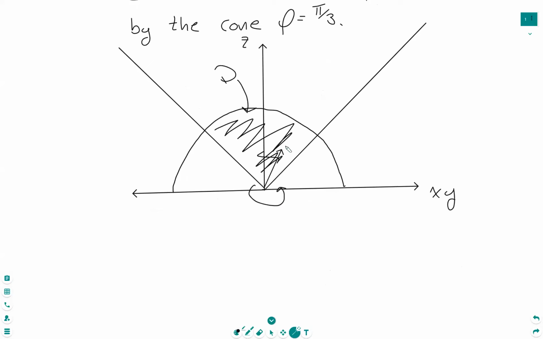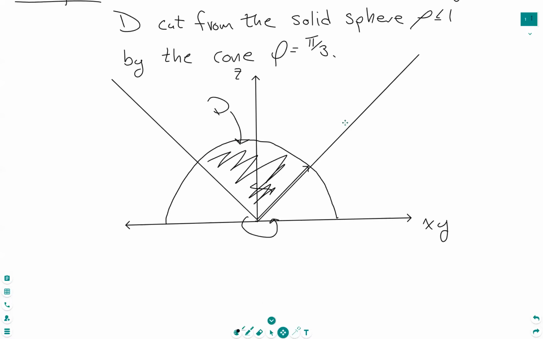So if I look in my rho direction, I go from the origin all the way out to the edge of the sphere, no matter where I am. The cone doesn't do anything for rho because it sits exactly along the direction that rho will take. So it still goes from 0 all the way out to the edge of the sphere, which we found was 1.